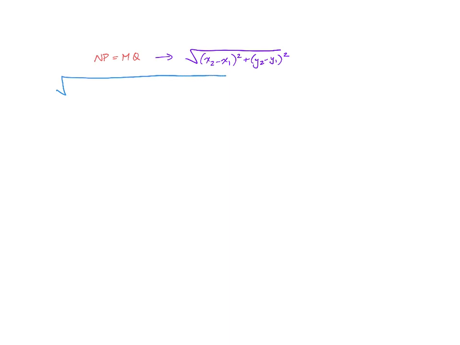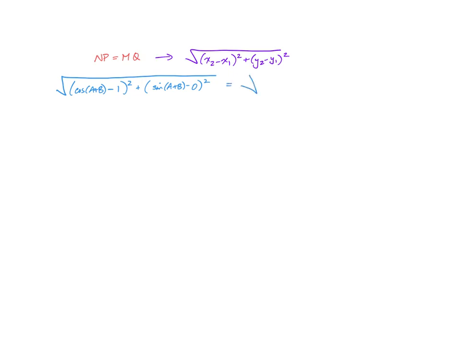I'm going to take the x-coordinate at N and subtract the x-coordinate at P, square it, plus the y-coordinate at N, subtract the y-coordinate at P, square it. Maybe you can see how small I'm writing this because this is really going to fill up the page quickly.